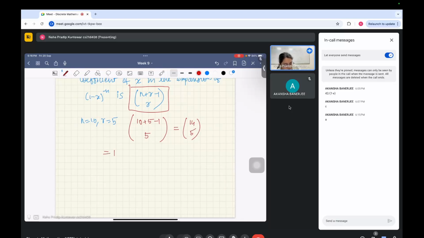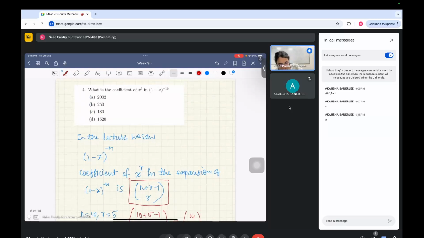If you expand this, you get 14 into 13 into 12 into 11 into 10 by 5, 4, 3, 2, 1, and this cancels out, and this term cancels out. So what you have is 14 into 13 into 11, and this turns out to be 2002, like you said. So A is the correct answer.